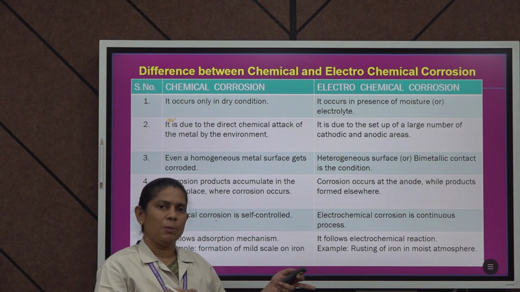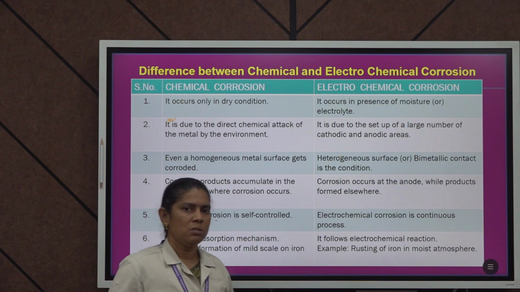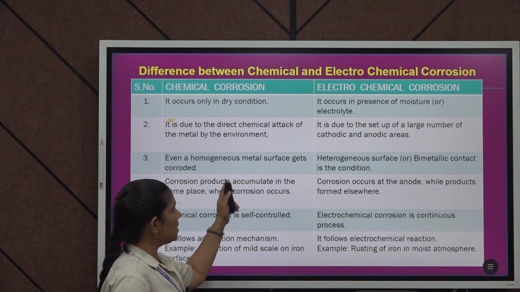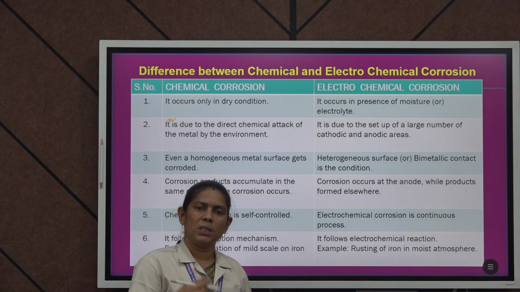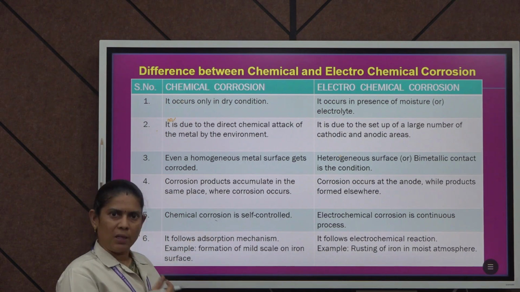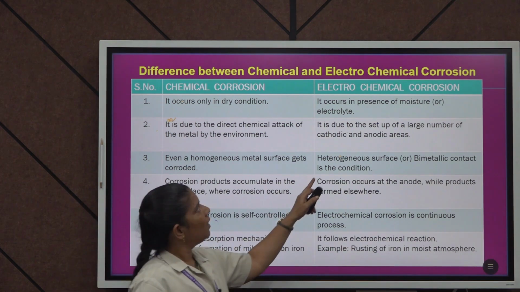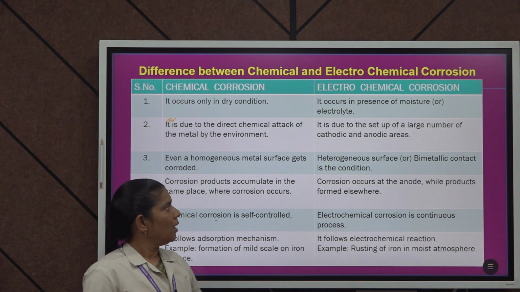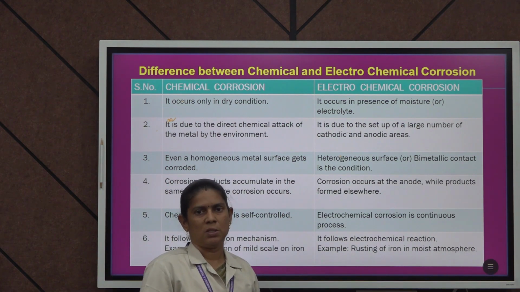After that setup of anode and cathode, electrochemical reactions take place with the flow of electrons. In chemical corrosion, even a homogeneous metal surface gets corroded, whether the metal is homogeneous or heterogeneous. But in electrochemical corrosion, bimetallic contact is a condition and a heterogeneous surface is essential.